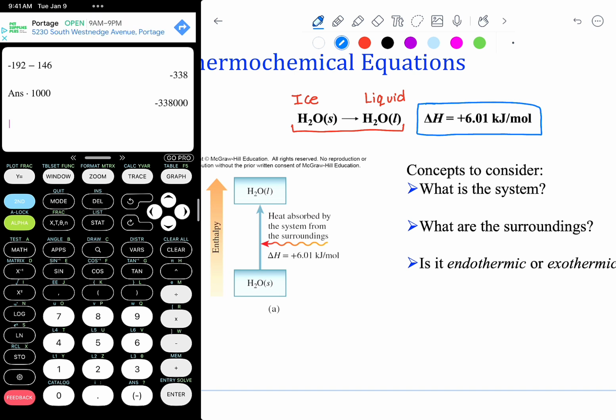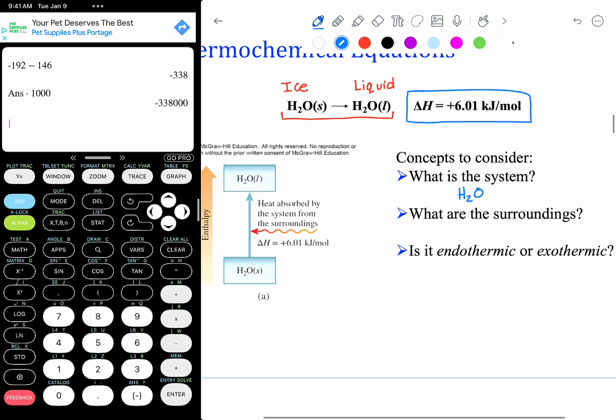Well, that would be the water, the H2O. Before, when it's a solid and when it's a liquid, what is going to be either taking in the heat or expelling the heat? So the system is the water. What are the surroundings? Well, the surroundings is everything else around it.